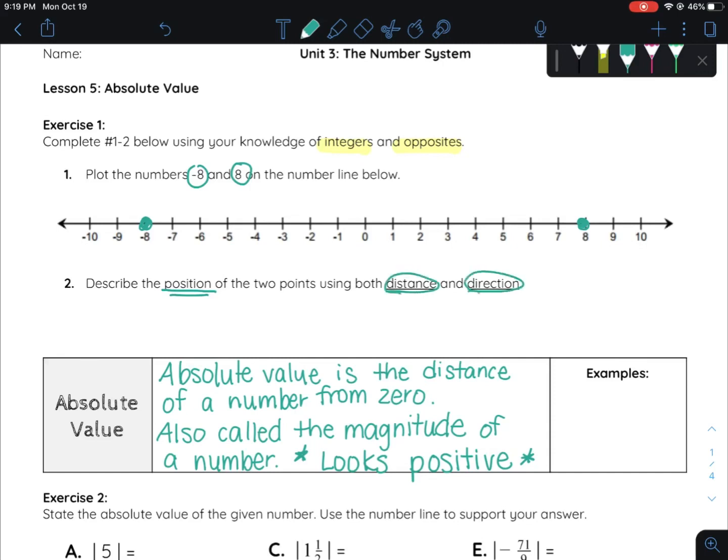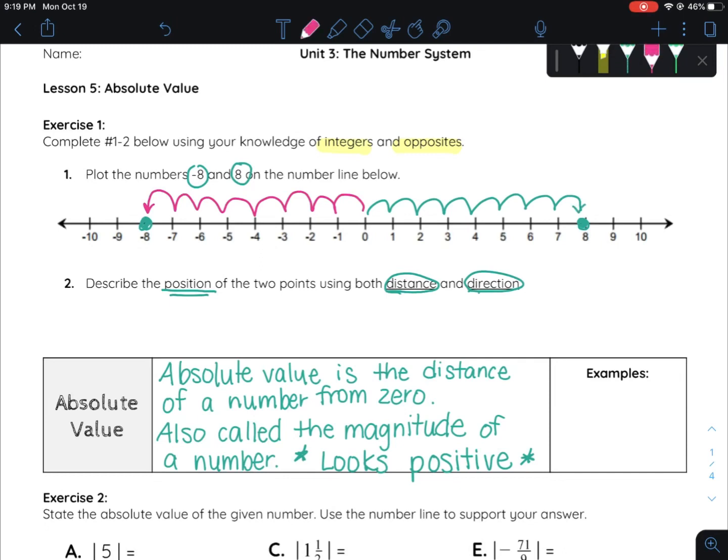So for distance, I'm going to count up. It looks like 8 spaces. And if I go the other way, eight spaces.